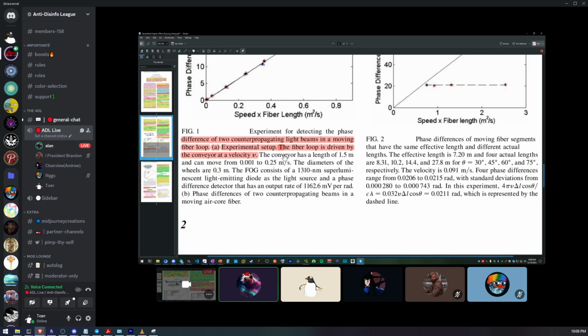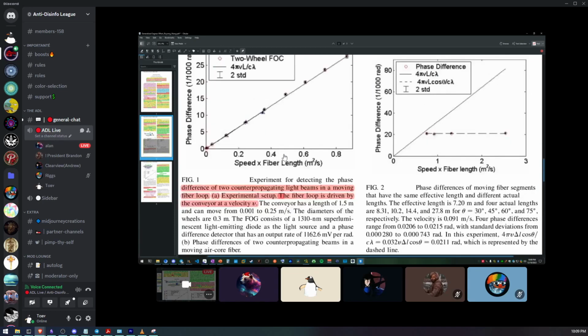The fiber optic gyro consists of a 1310 nanometer superluminescent light emitting diode as a light source, and the phase difference detector has an output rate of 1162.6 mV per rad. B, the phase differences of two counter-propagating beams in a moving air core fiber.